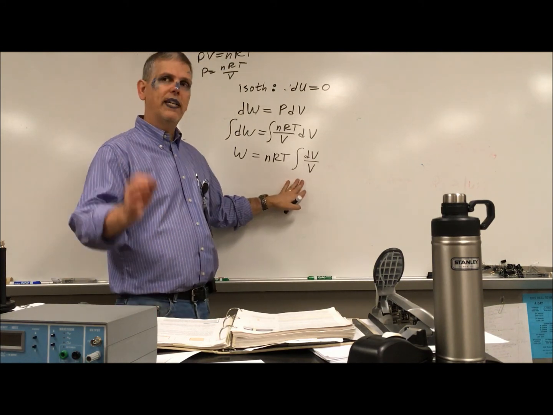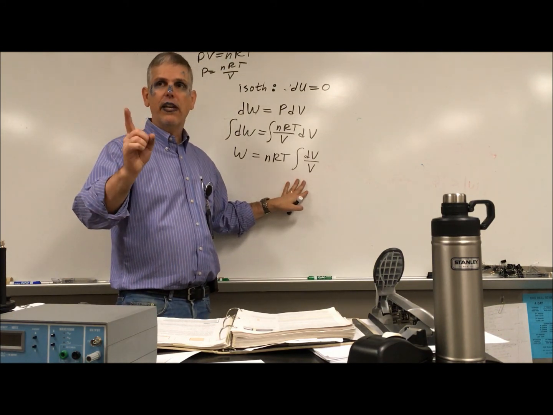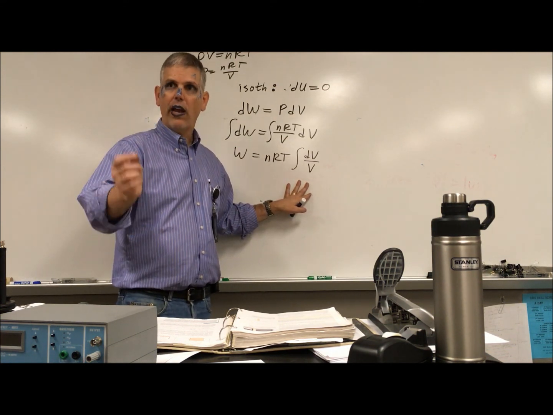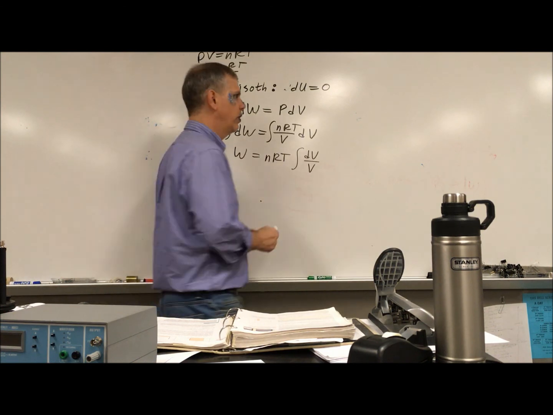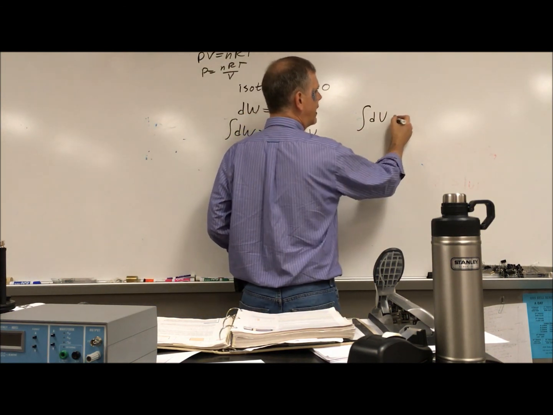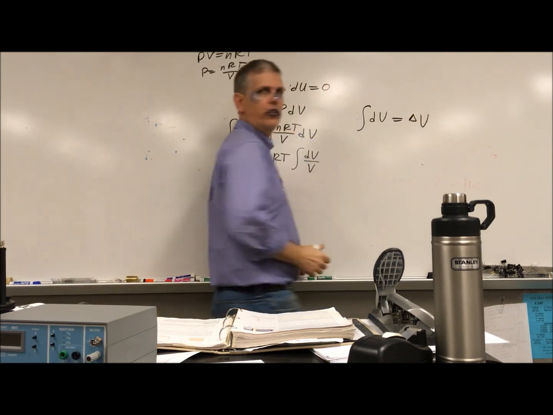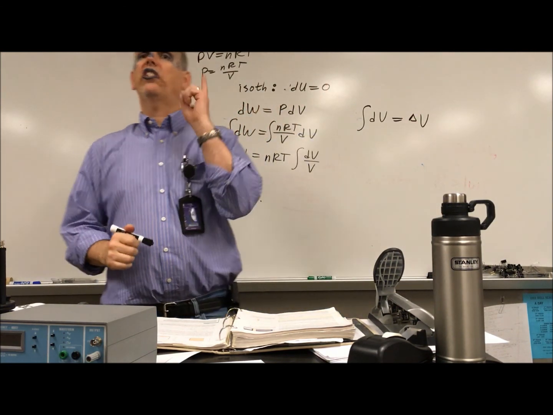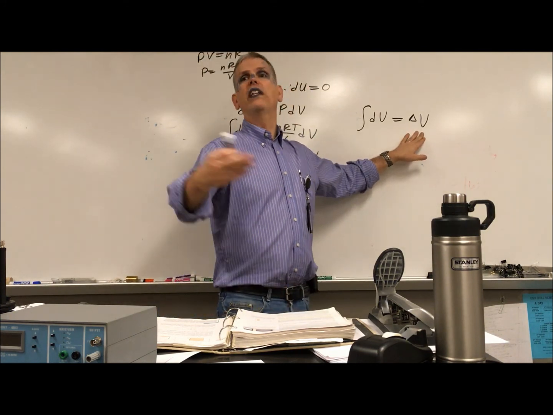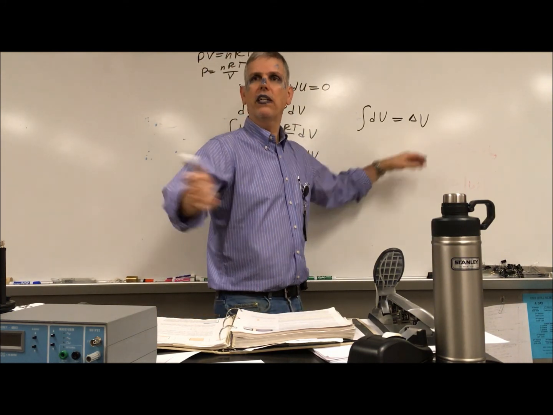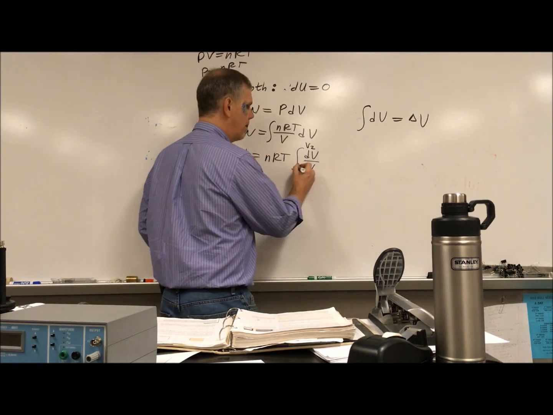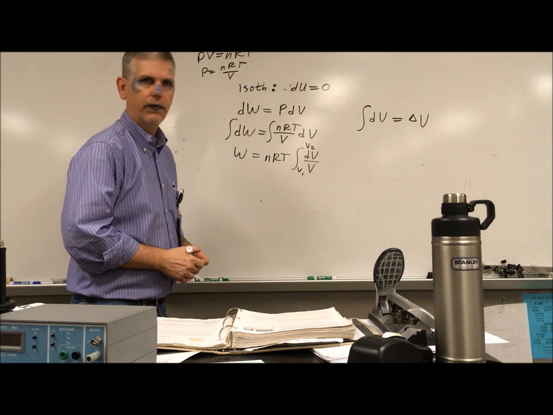When we take the integral of dV, we actually get delta V. If you add up all the little dVs, I get delta V. Do you agree with that? But if we don't start at 0, this basically says our final minus our initial.